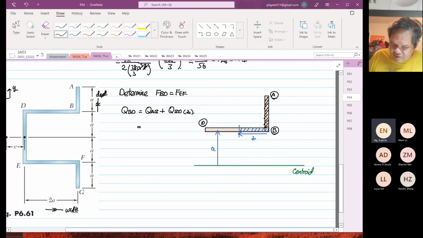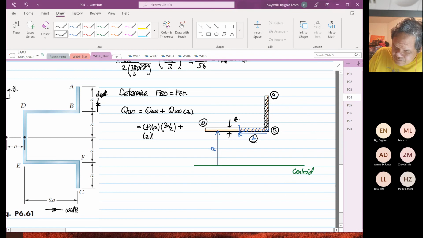For QAB, the width is T, the depth is A, and the Y bar is 3A over 2. Then we add the part where the width is our Z, the thickness is T, and the distance is A. A lot of times students think they have to compensate for the thickness.